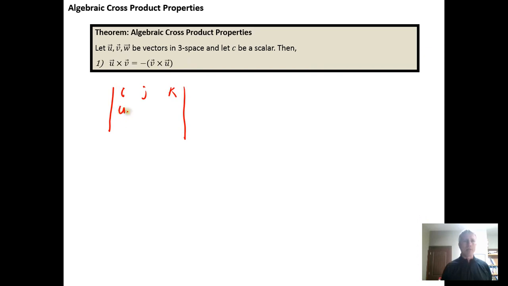So you'd put your u vector in, and then you'd put your v vector in, and then you would take the cross product.